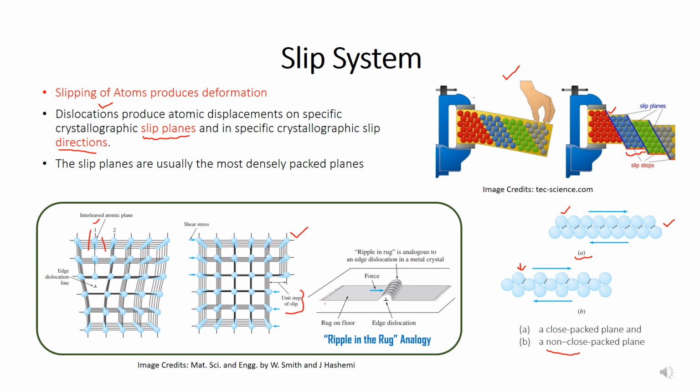You can consider this as the edge dislocation, which on the application of force is moving from one direction to the other, and after this ripple has vanished, the lattice comes to its original shape. So this is the phenomenon which, in microscopic terms, occurs when plastic deformation occurs inside materials.